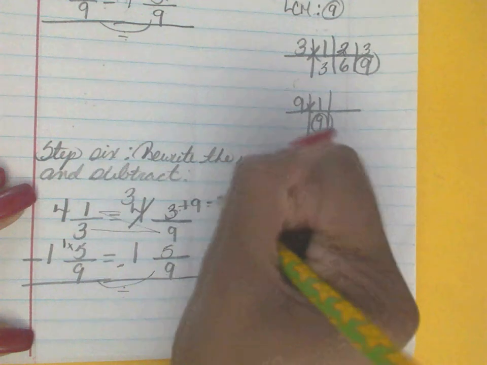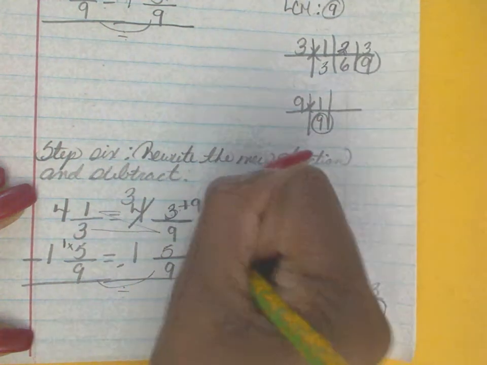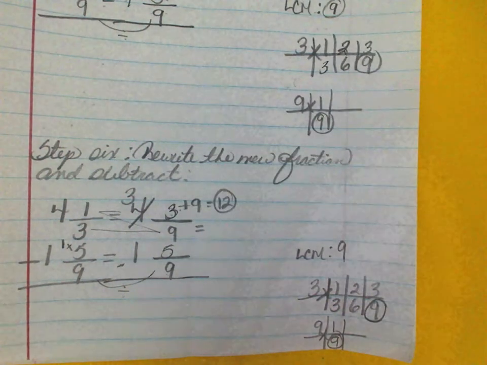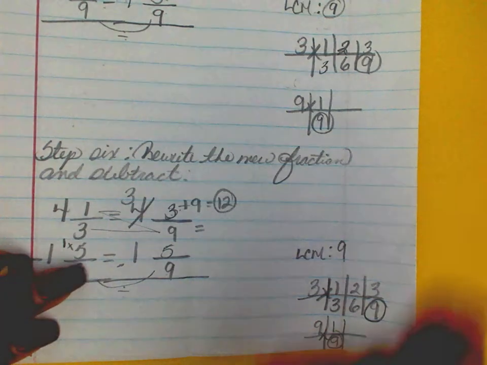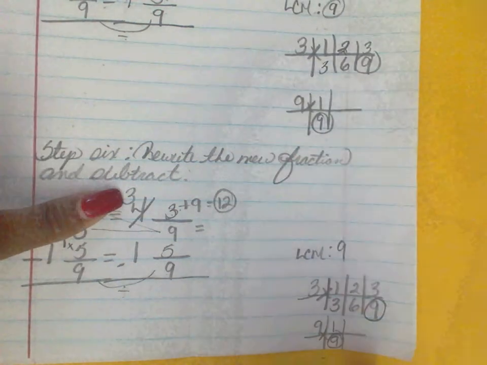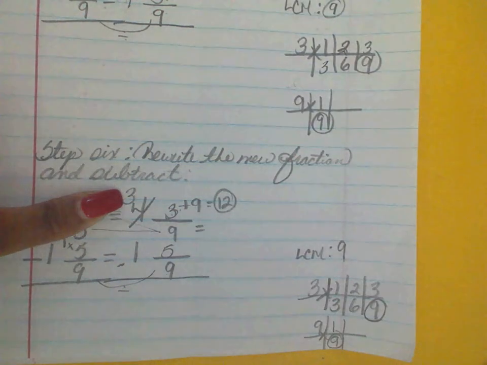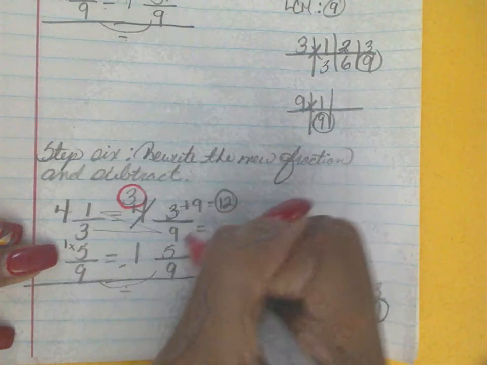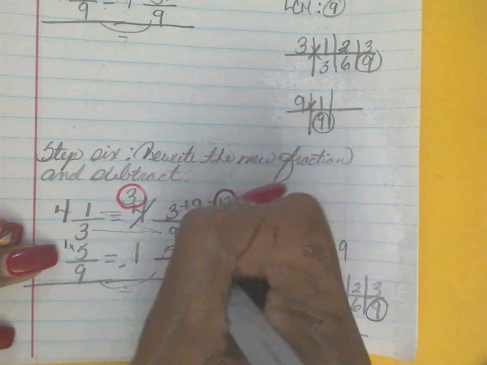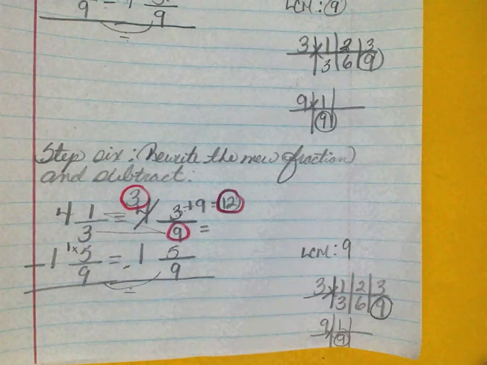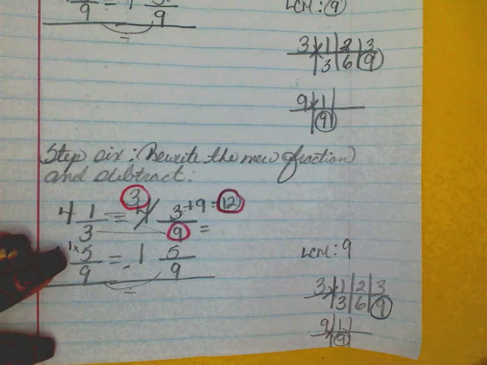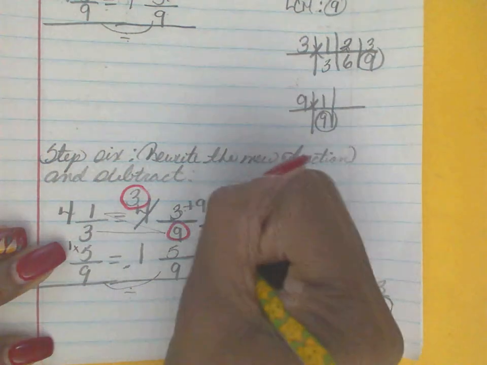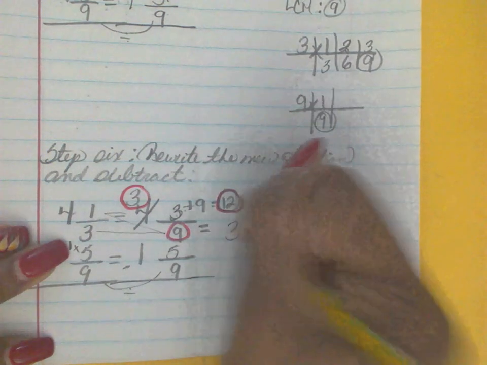Now, step 6. Rewrite your new fraction. So I'm writing this right here. Please do not forget that you regroup so you have your new whole number, your new numerator, and your new denominator. If you have to circle it just to remember that, that will help you to eliminate mistakes. So I have 3. My numerator is 12.